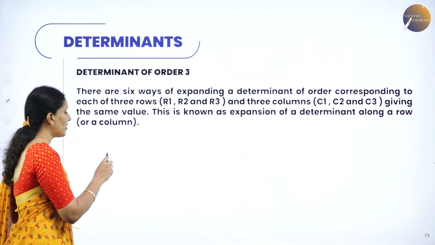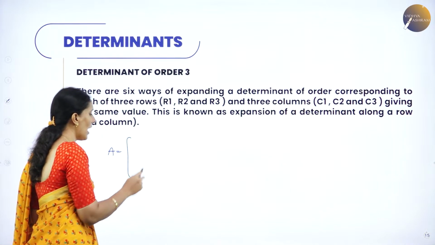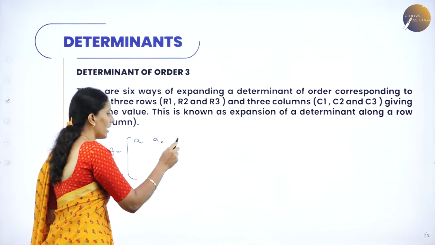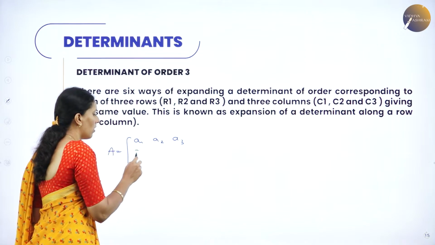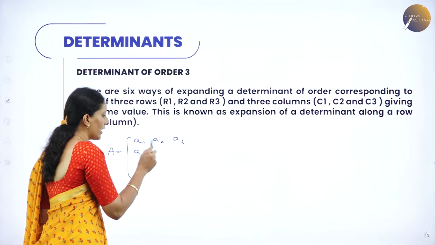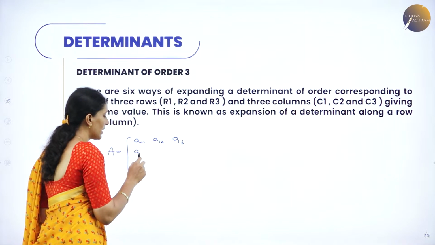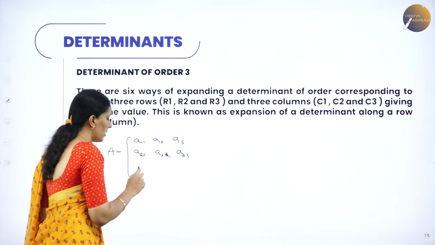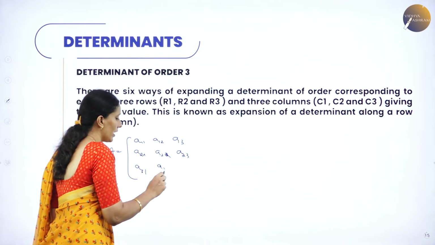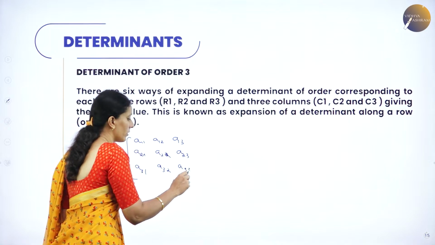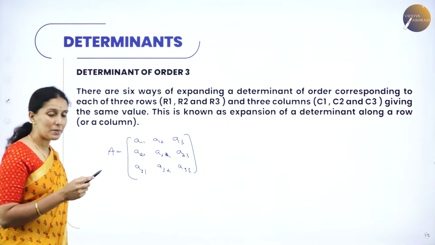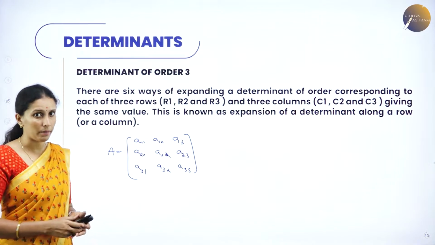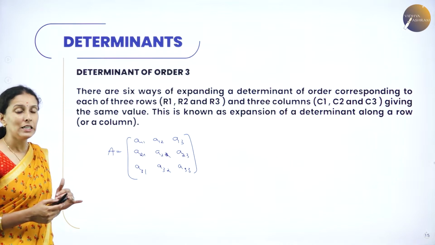So if a matrix A has the elements a11, a12, a13, next is a21, a22, a23, next here a31, a32, a33. So this is how we denote the elements in a matrix according to the row and column, which we have already studied in the matrices.